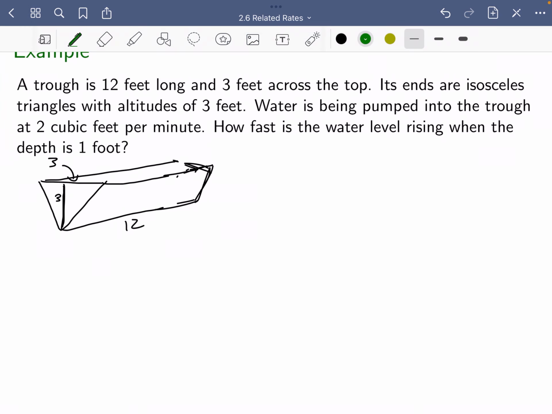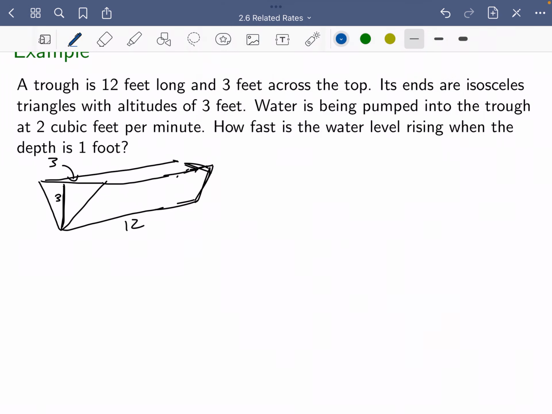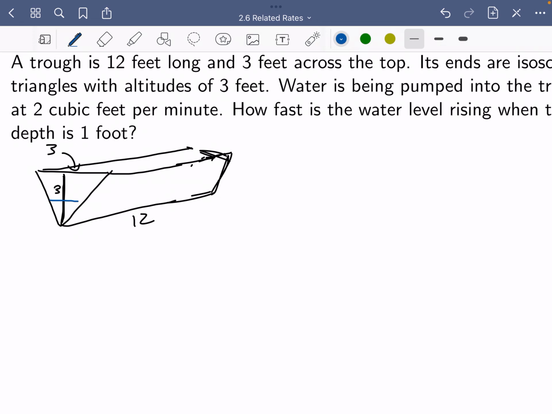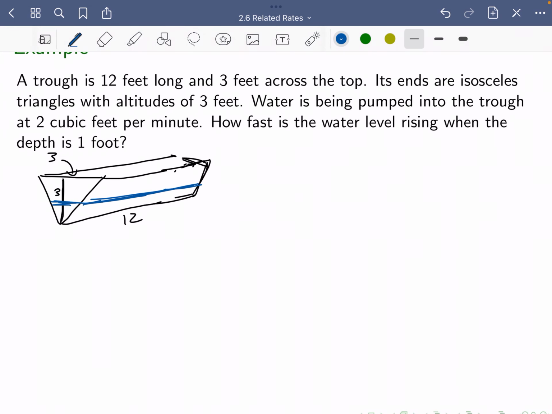We have water that's being pumped in. So you have your water level. Let's call that some value h, the height of the water.